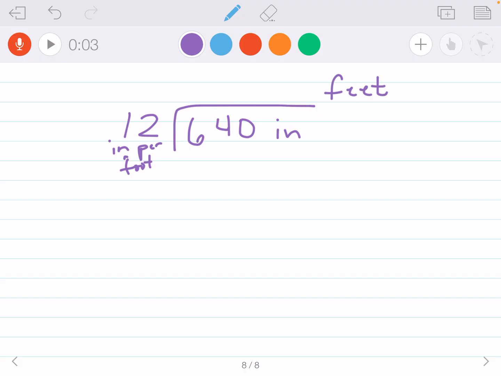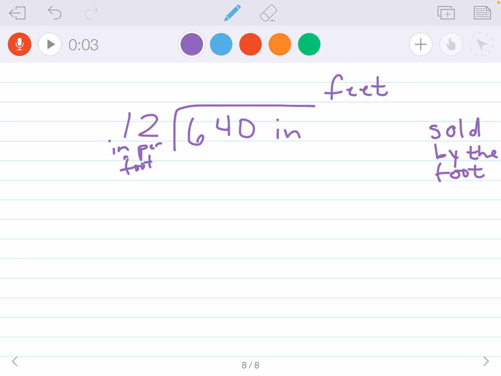It says it was priced by the foot. That also means it is sold by the foot, so you can't go in and buy anything less than a foot. All right, so let's divide.